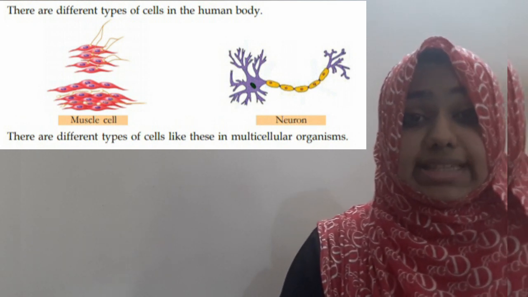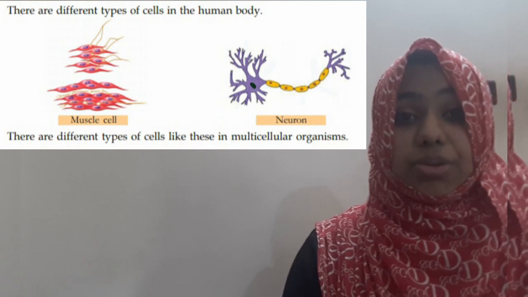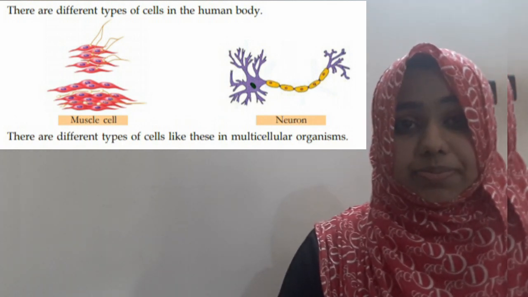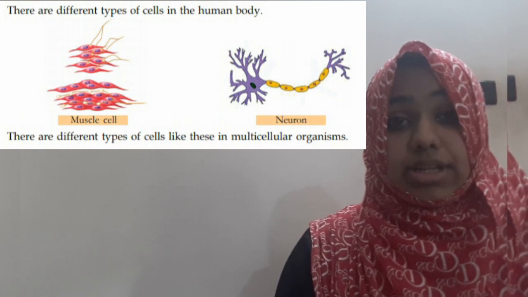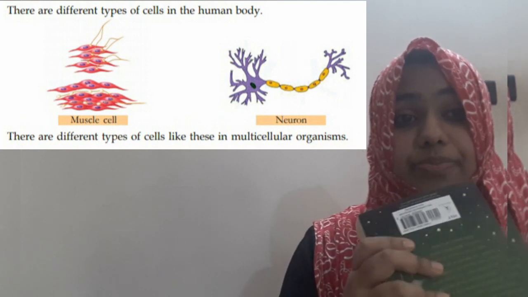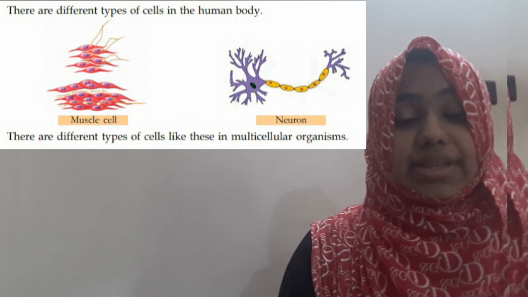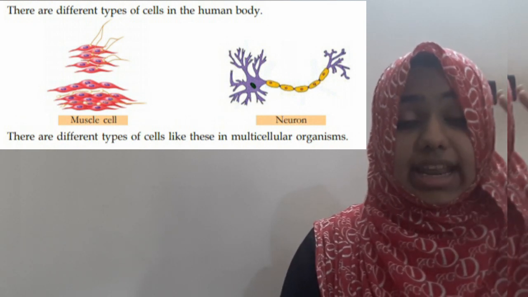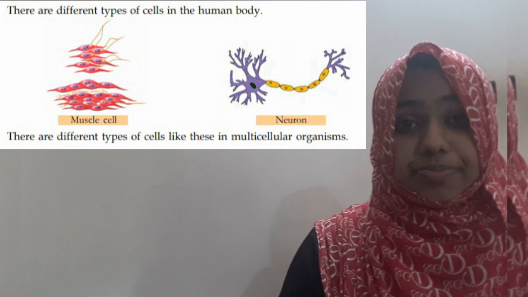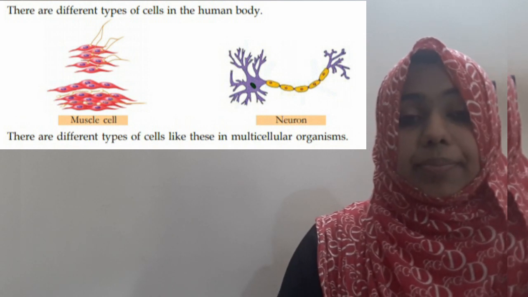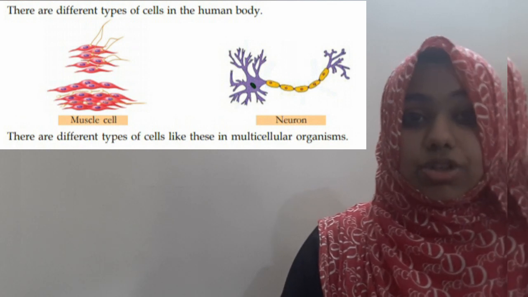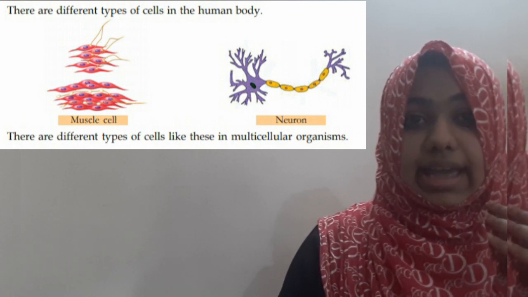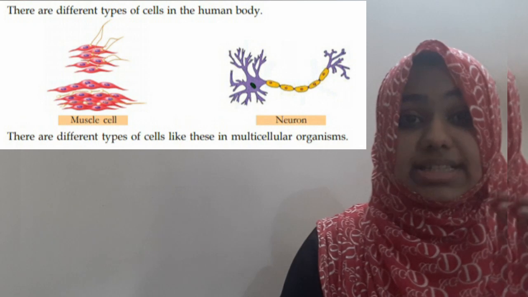You want to take something or pick something from a table. Okay? I have a book here on my table. Can you see this book? Okay. So what happens is, when I feel that I want to take a book, my brain receives a message through the neuron and my muscle cells act.